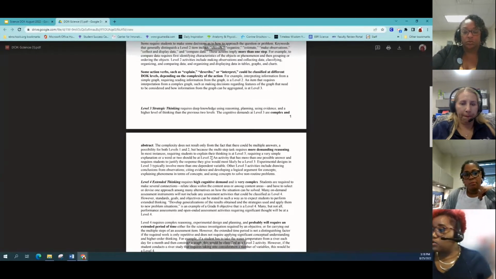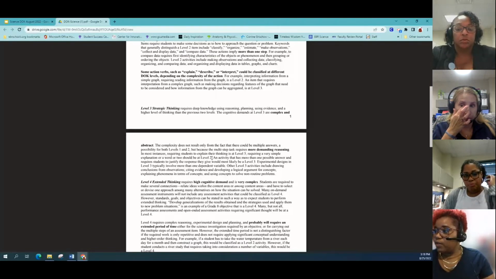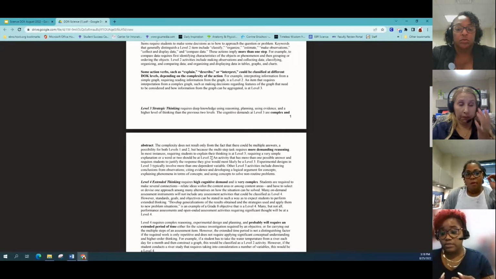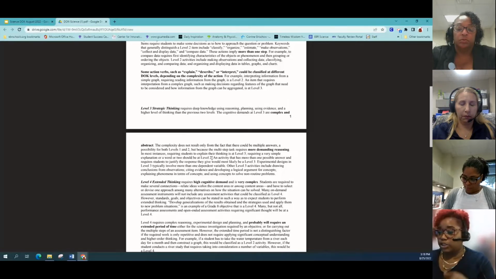So again, we see those words: using evidence, higher levels of thinking, planning, and using reasoning. Again, if we go back to what we've discussed previously, especially during TDW, using those CER charts is very important when you're trying to get students to understand that strategic thinking and that level 3 depth of knowledge.